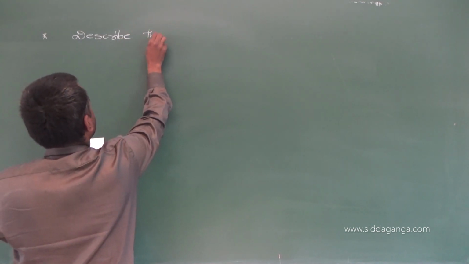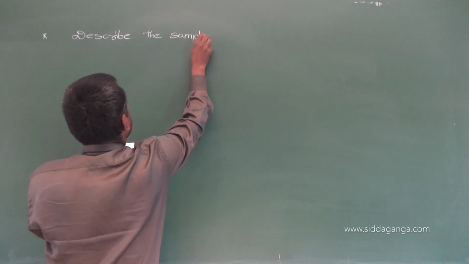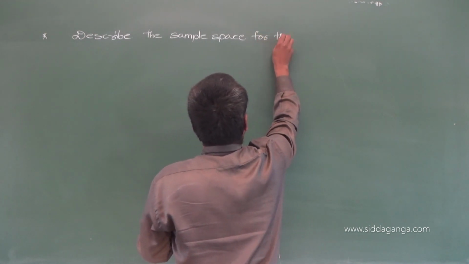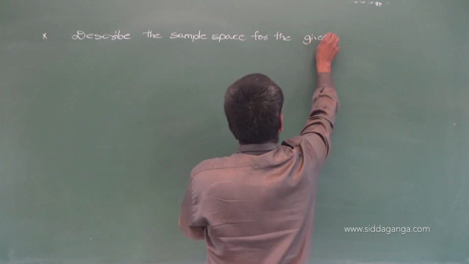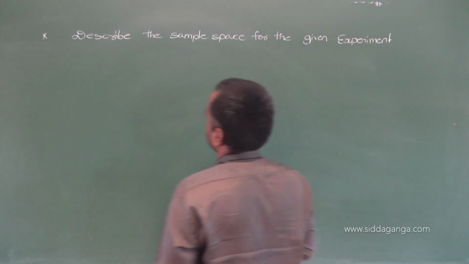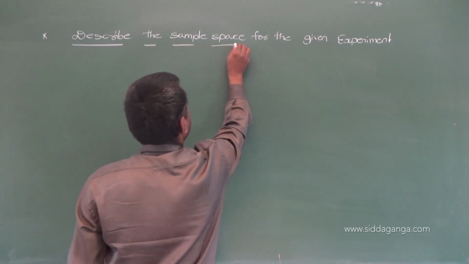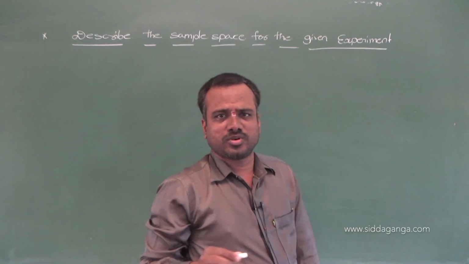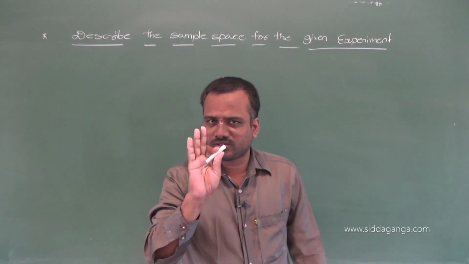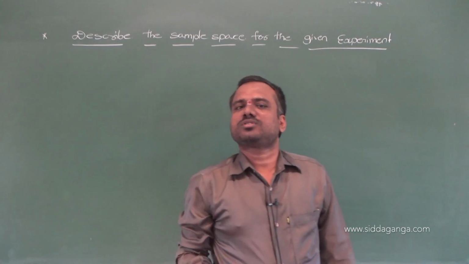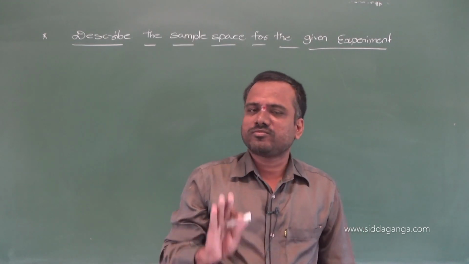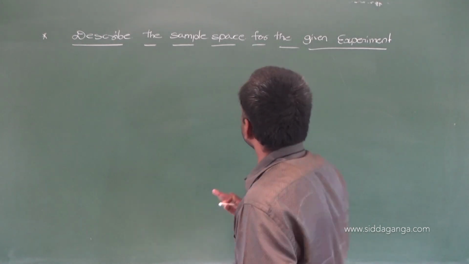Describe the sample space for the given random experiment. No need to write, today's class is for your observation. Observe. Very important concept, don't neglect. Next class onwards we start second PUC topics. Describe the sample space for the given experiment.